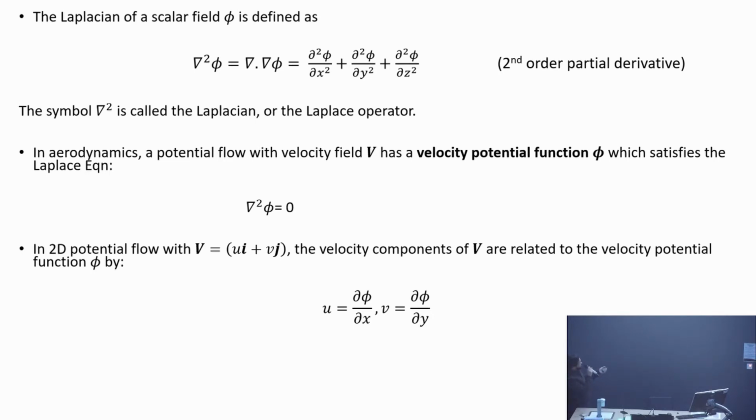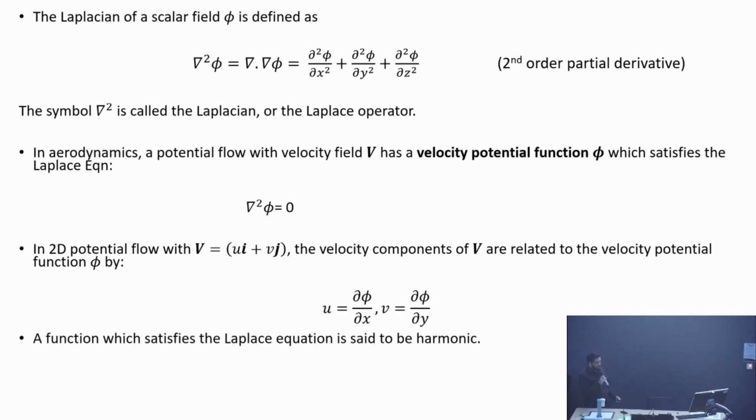Now, the other thing we need to know about the Laplace equation is that it's actually linear. There are no non-linear terms, and obviously linear equations are easy to solve. They make things easy for us mathematically.